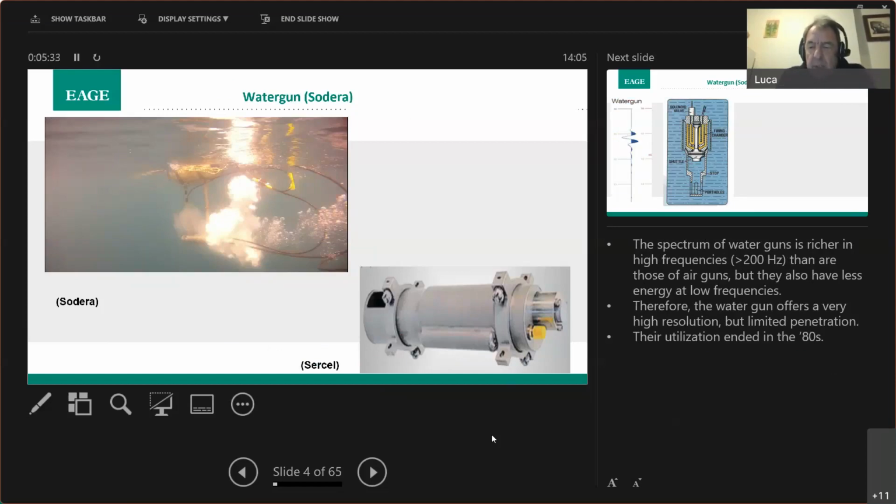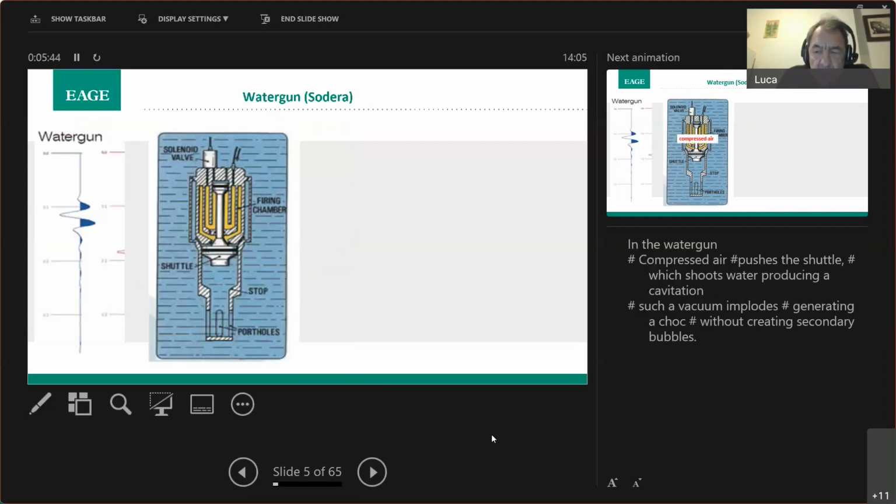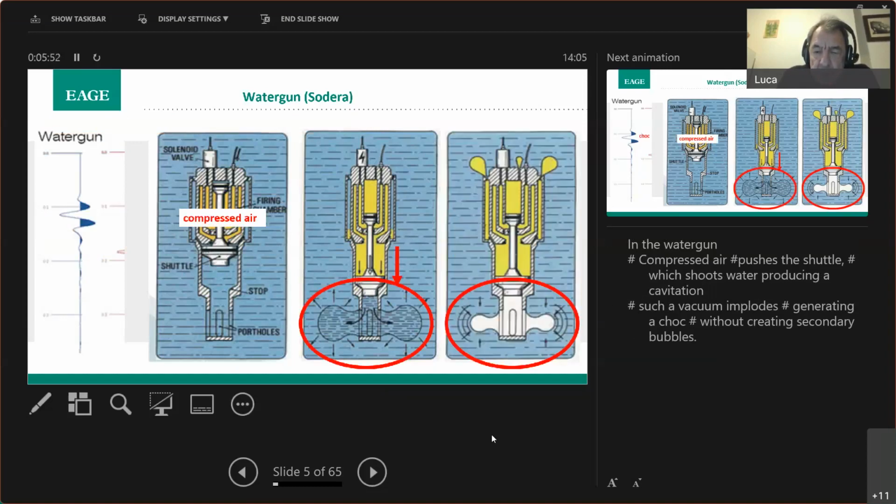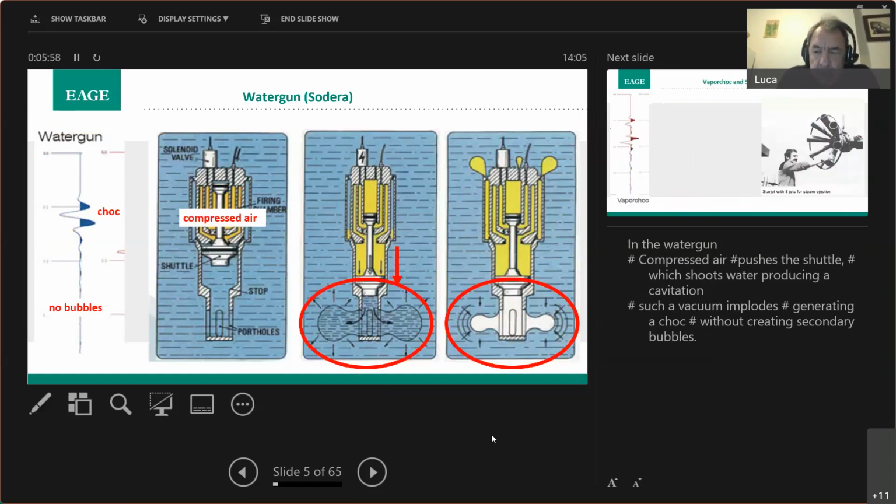Therefore, the water gun offers a very high resolution but limited penetration. Their utilization ended in the 80s. In the water gun, compressed air pushes the shuttle, which shoots water, producing cavitation. Such a vacuum implodes, generating a shock without creating a secondary bubble.